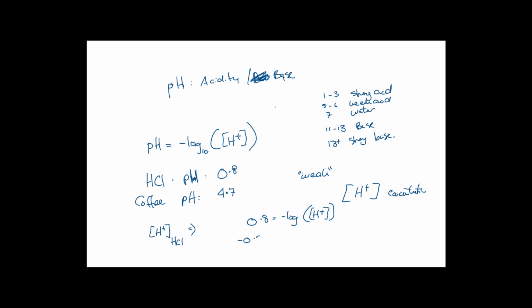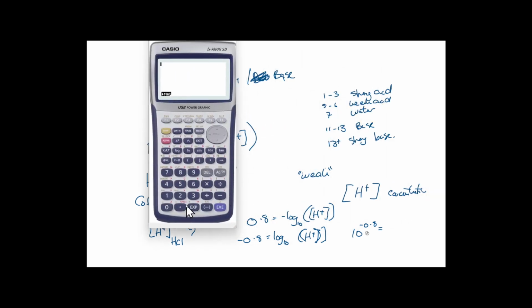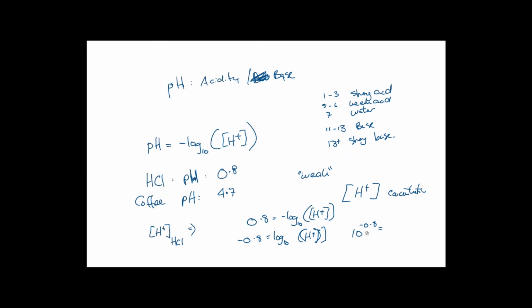So negative 0.8 equals log base 10 of that. So that means that the concentration of this is going to be 10 to the power of negative 0.8. So 0.158.